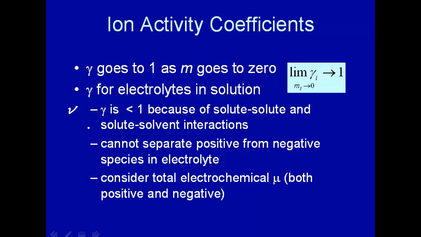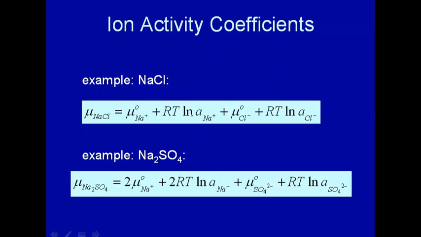Okay, and as we mentioned, we cannot separate positive from negative species in electrolytes, so you have to consider the total electrochemical potential, both the positive and the negative. All right, here's an example for sodium chloride.